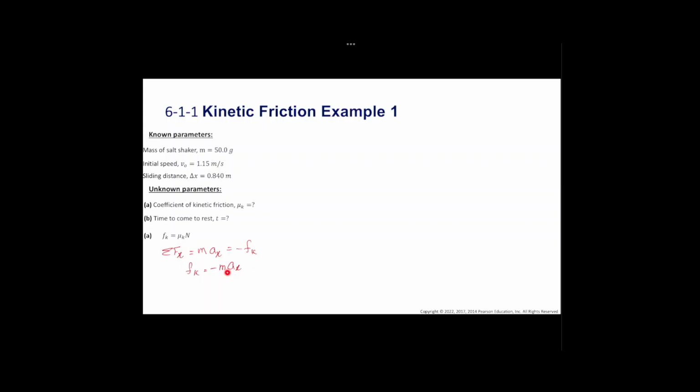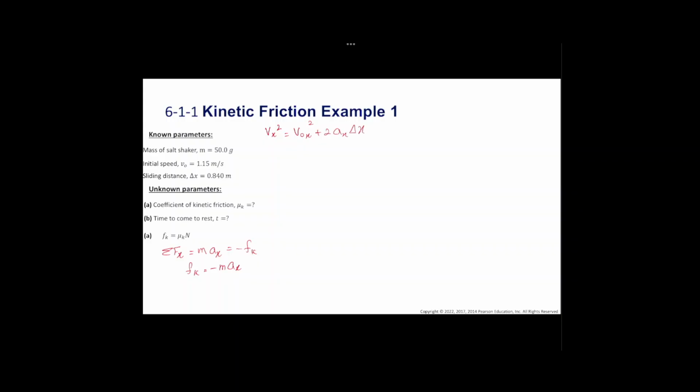So for that we can use kinematic equations, because we know the initial velocity and we know the final velocity. Because it comes to rest, it should be 0, and we know the sliding distance delta x. Therefore we can use the kinematic equation vx squared equals v naught x squared plus 2 ax delta x.